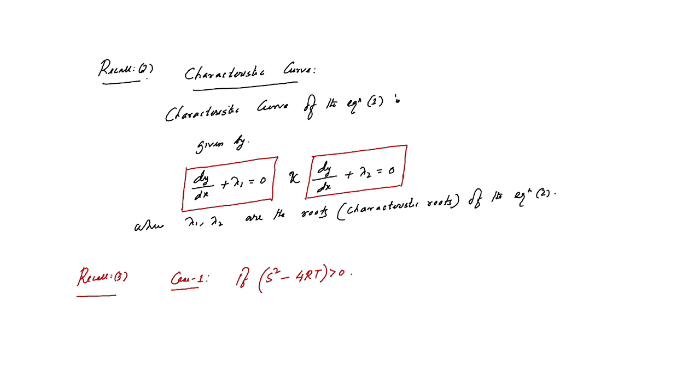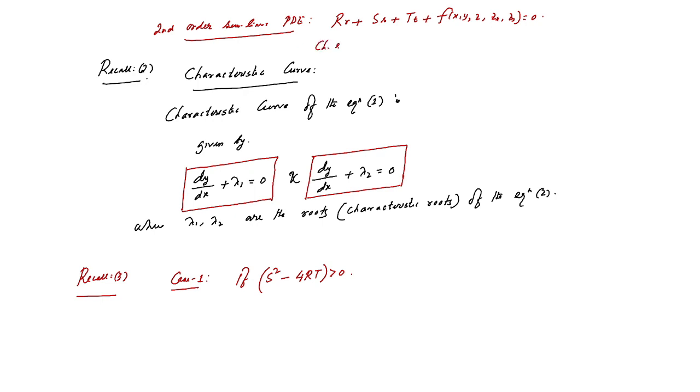Now here our equation, second order semilinear PDE, is the general form Rr plus Ss plus Tt plus f of x, y, z, zx, zy equals to 0.